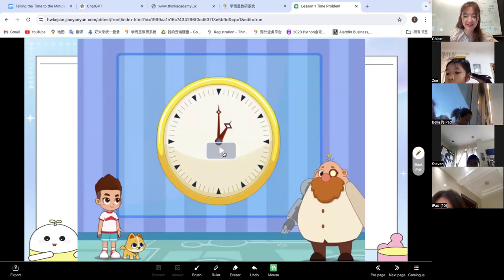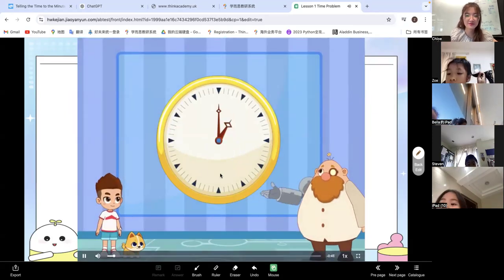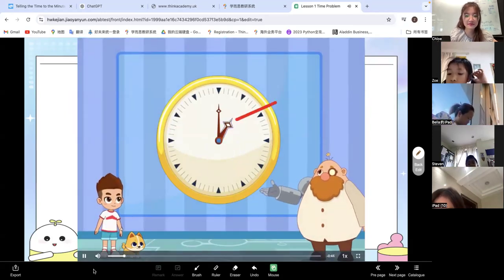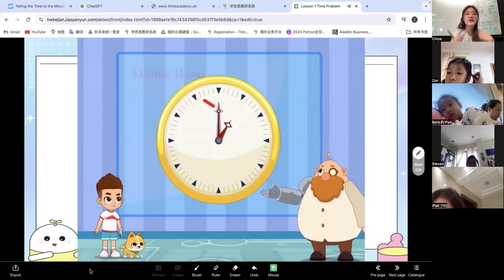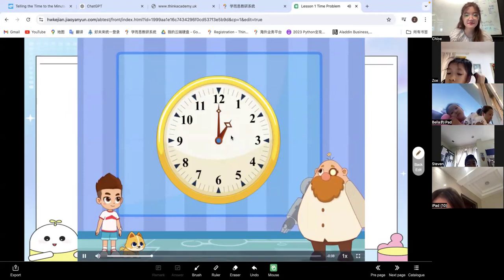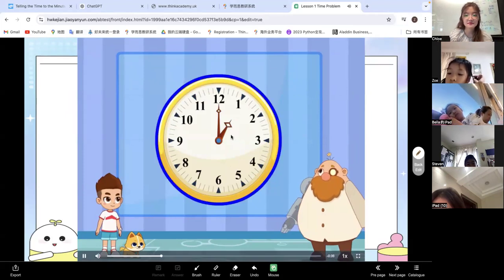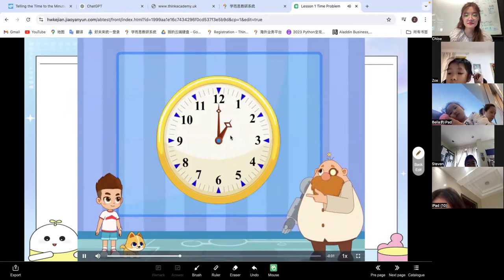Now, everyone, let's take a look at the video. Let's review what we have learned now. This is the clock face. The short one is the hour hand, and the long one is the minute hand. Here are 12 numbers. The circle on the clock face is divided into 12 equal large sections. Each large section is divided into 5 equal smaller sections.